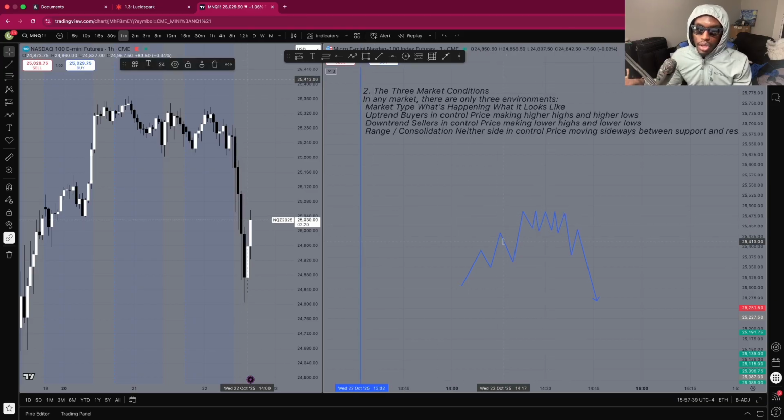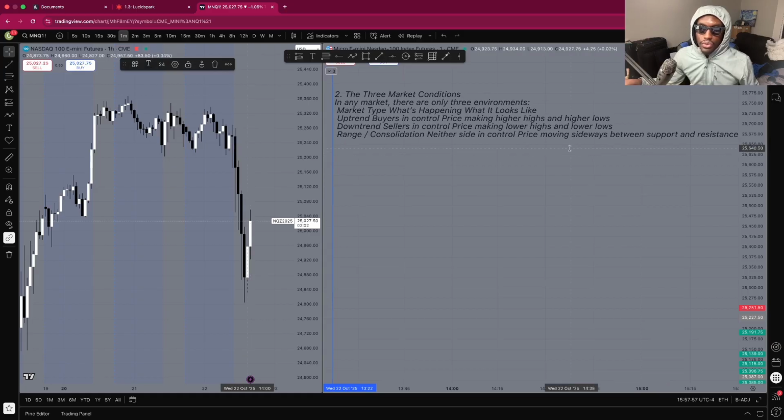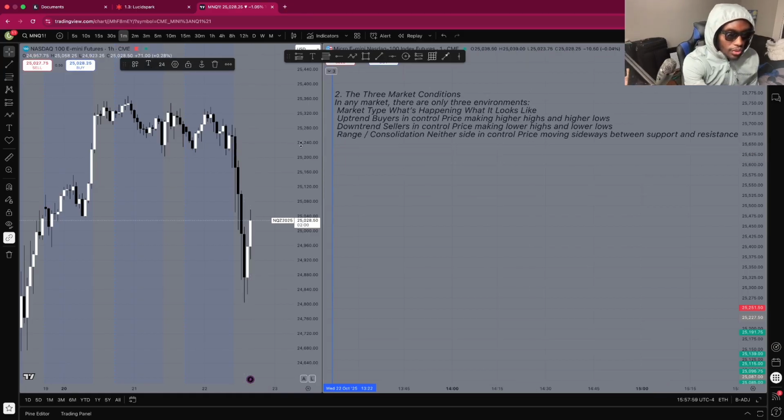The next phase of the market we have is a downtrend. In a downtrend, the sellers are in control of price, and price is making lower lows and lower highs. The third phase is a range or a consolidation market. In that phase, neither side is in control, and price is moving sideways between support and resistance levels. So I'm just going to show you guys that in a second.